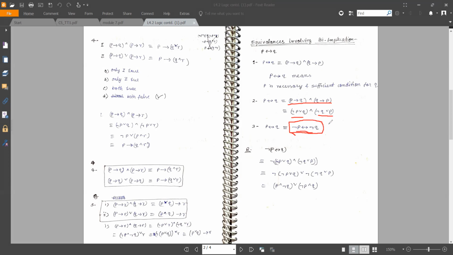It means this would be negation of P implication negation of Q, and similarly negation of Q implication negation of P.